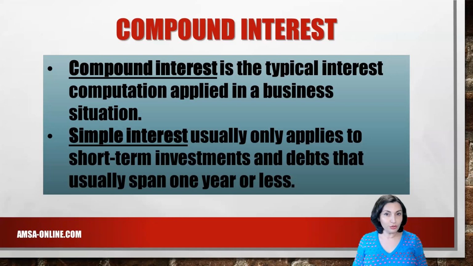Increasing the accumulated year-end balance, which becomes the principal balance for the calculation, certainly helps to increase the interest for future years. Note that compound interest is the typical interest computation applied in a business situation. Simple interest usually only applies to short-term investments and debts that usually span 1 year or less.